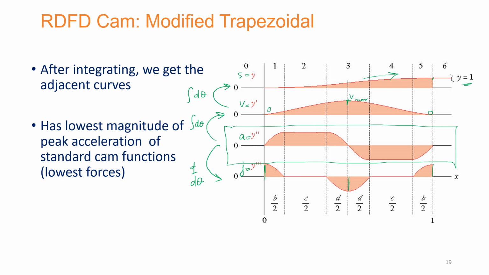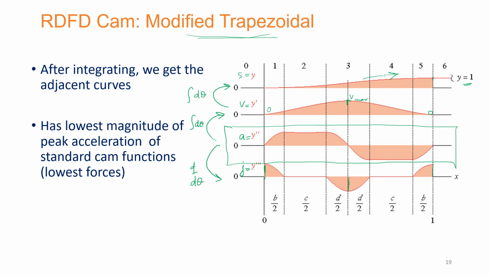So this is the SVAJ diagram of a modified trapezoidal cam design procedure, and we have reached this conclusion after gradually improving, having made observations on the outputs of different cam design methods.